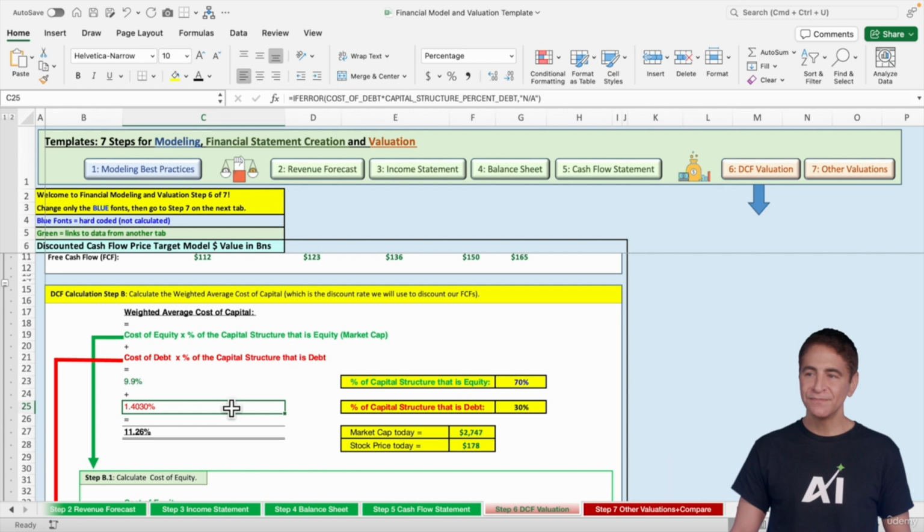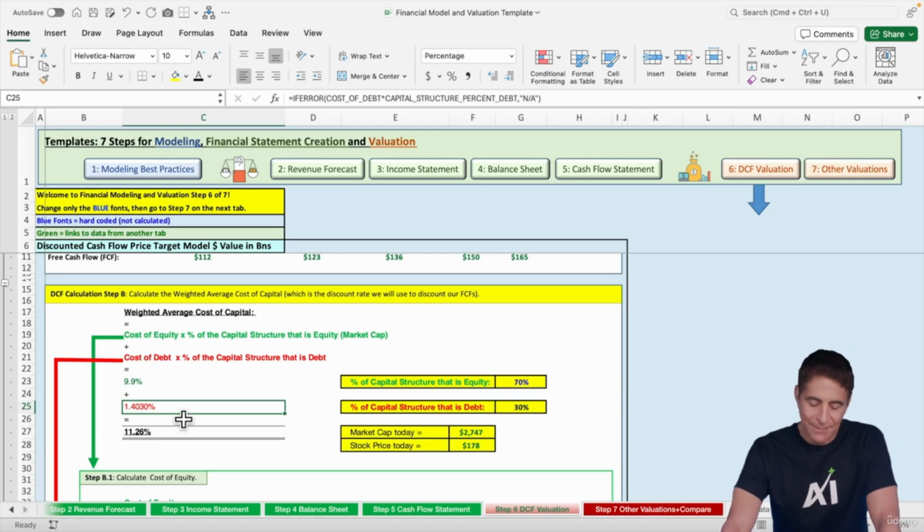Great. First, I'll run through the cost of debt before talking about the cost of equity. So we know that 30% of their capital structure is debt in this hypothetical example, and 70% is equity.